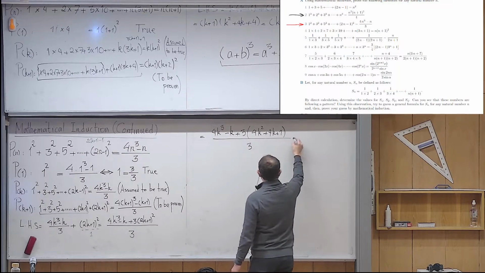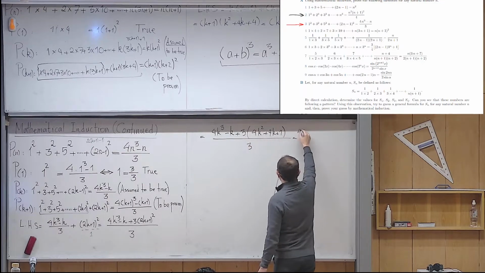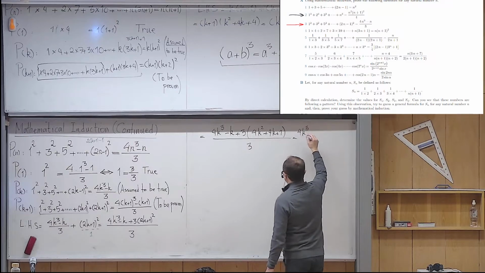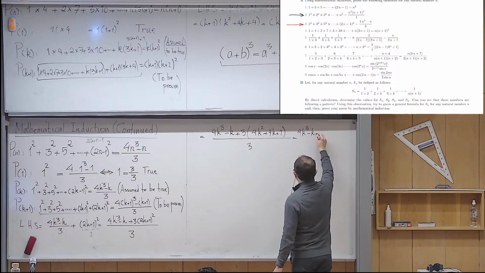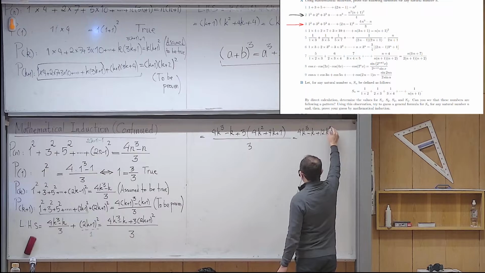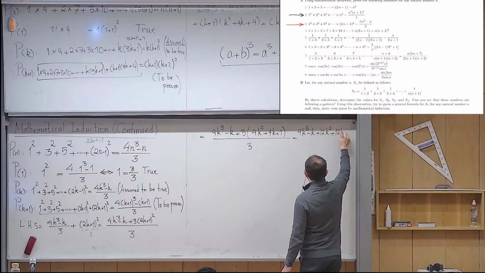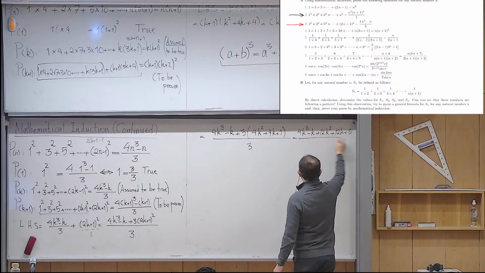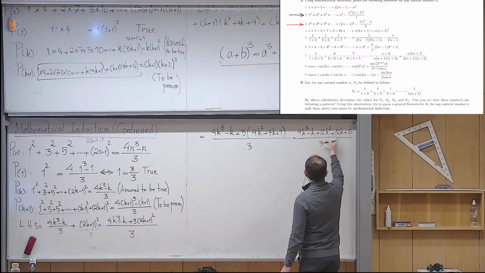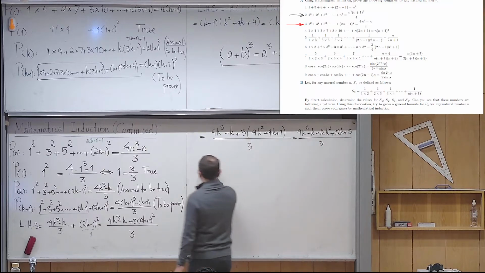So I haven't finished expansion yet. I multiply in, so this becomes this, and then I have minus k, and then I have 12k squared, and then I have 12k plus 3. And then I divide it by 3. I can simplify this a little bit.